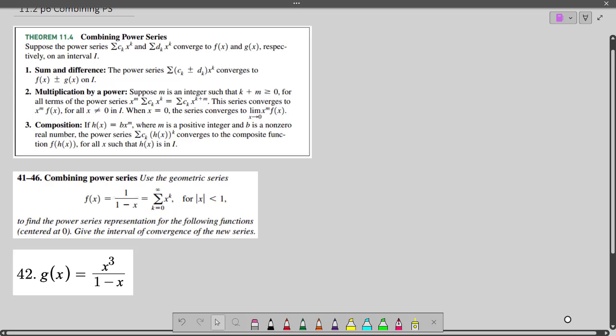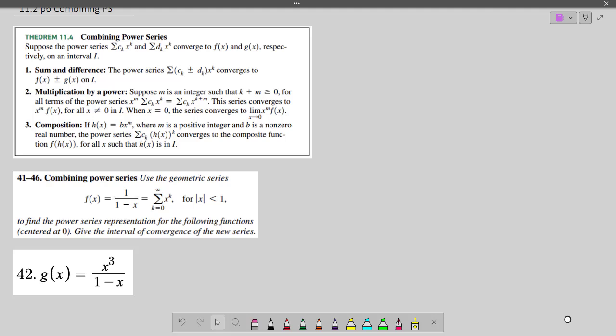Time to up the ante a little bit. First one is easy. If you take two power series that converge, so the setup is that we've got one that converges to the function f, one that converges to the function g.